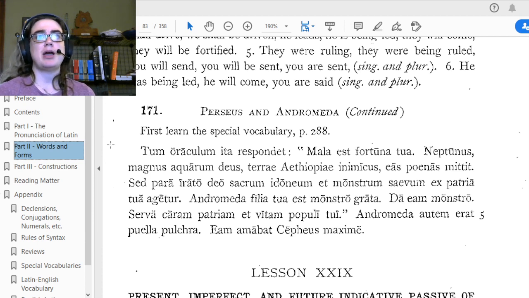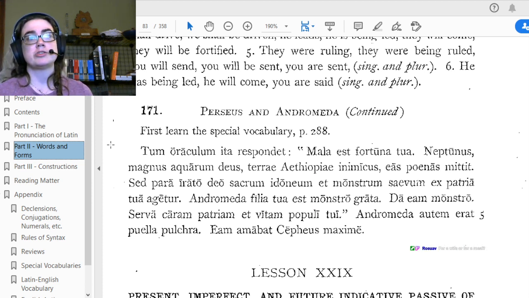But prepare a sacred thing suitable to the angry god, sacrum idoneum, irato deo, and the savage monster, monstrum saevum, will be driven, future tense, from your land. Your daughter Andromeda, tua filia Andromeda, is pleasing to the monster, est monstro grata. Give her to the monster, da eam monstro. Preserve the beloved fatherland and the life of your people. So it's like, okay, daughter or country.